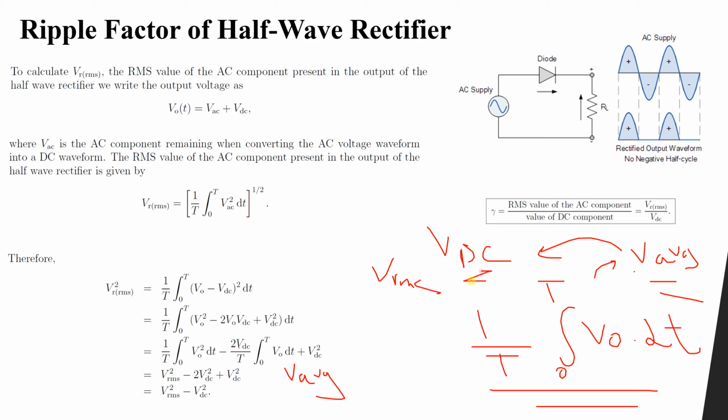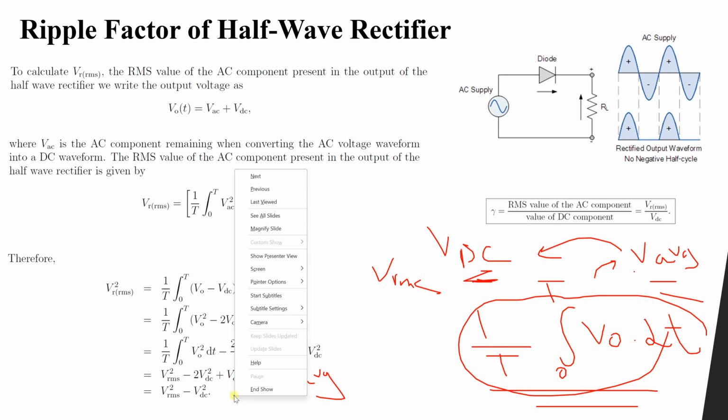So VDC multiplied by 2 VDC gives us 2 VDC square. The 1 over T integration is the average that we obtained, so there is no 1 over T. So we have VRMS square minus 2 VDC square plus VDC square. If you subtract, you will have negative VDC square.